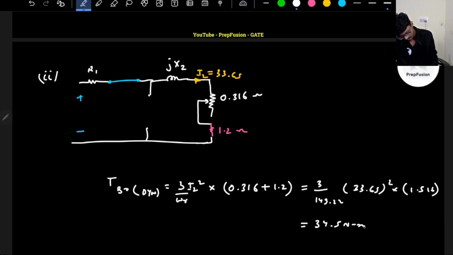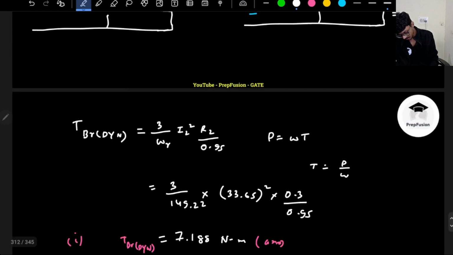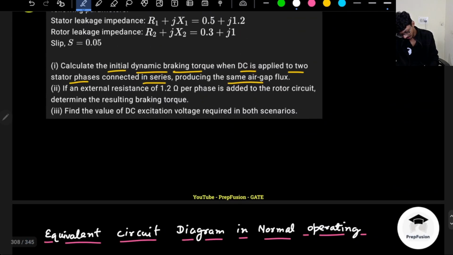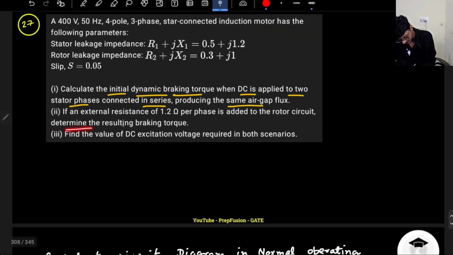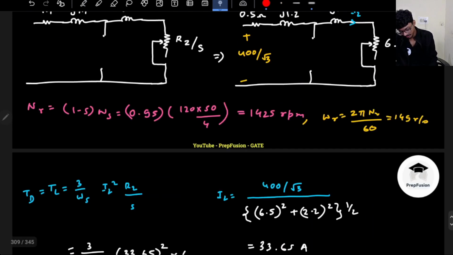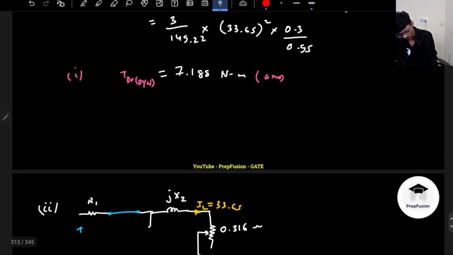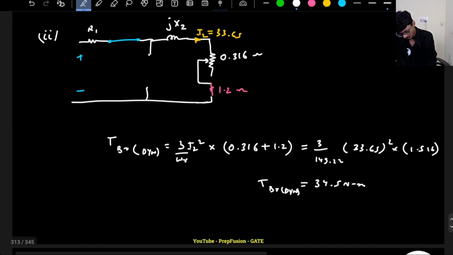But what are they actually asking? They are asking me the resulting braking torque. The resultant braking torque will be the load torque plus the braking torque developed due to dynamic braking.